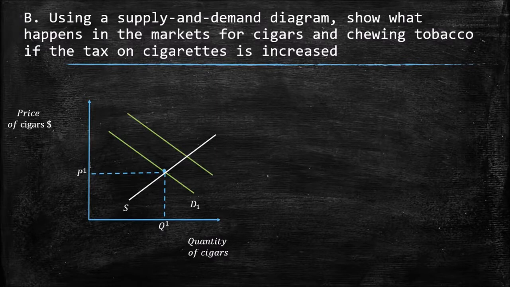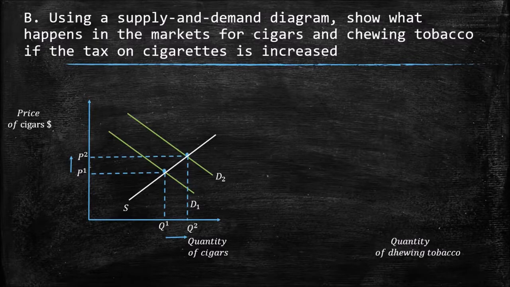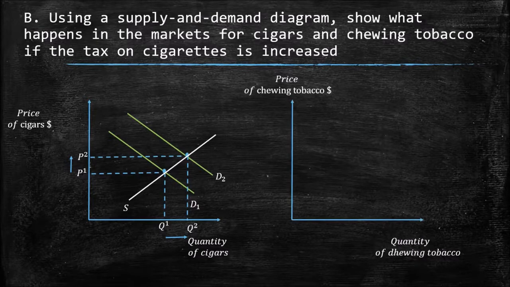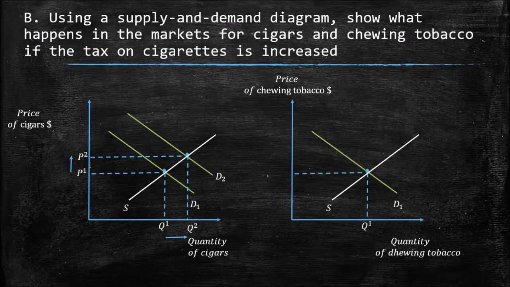So there's going to be a shift to the right for the demand curve, and the effect is going to be an increase in prices and an increase in quantities. On the other side, for the chewing tobacco, here we have the demand and supply.